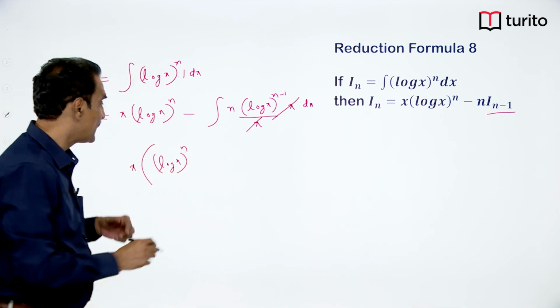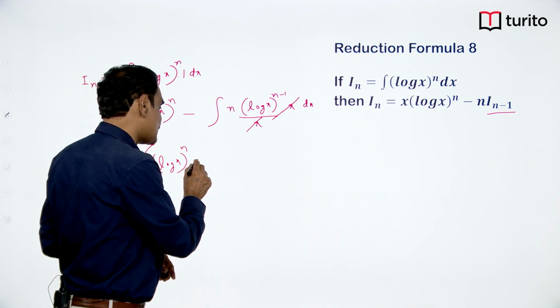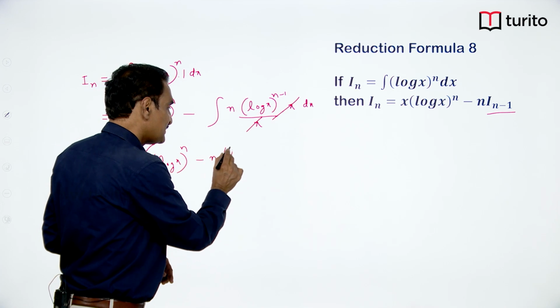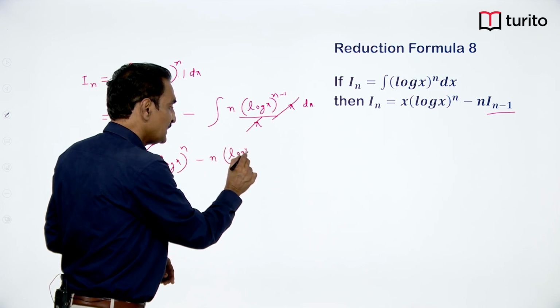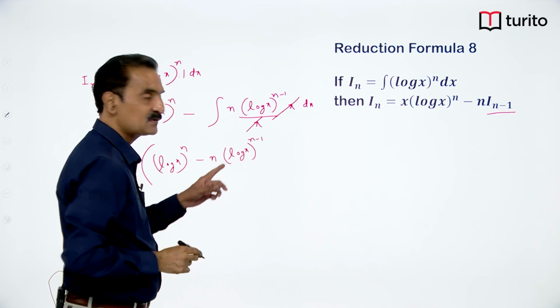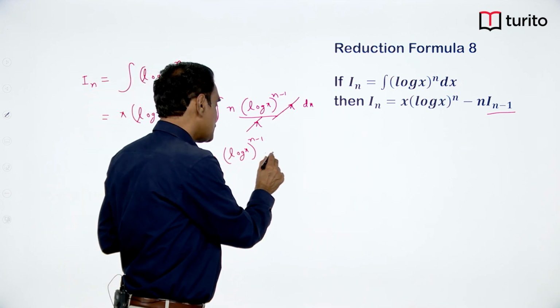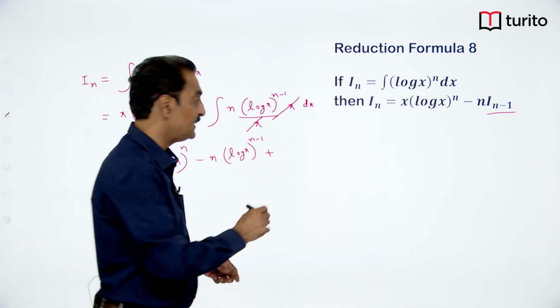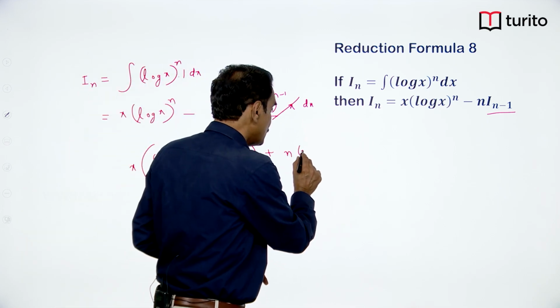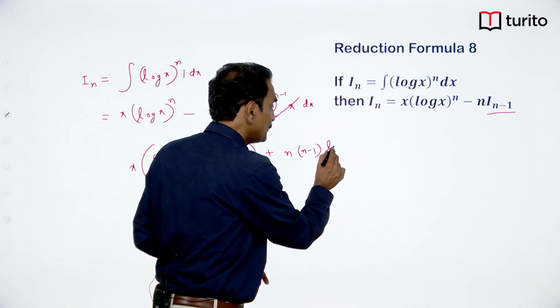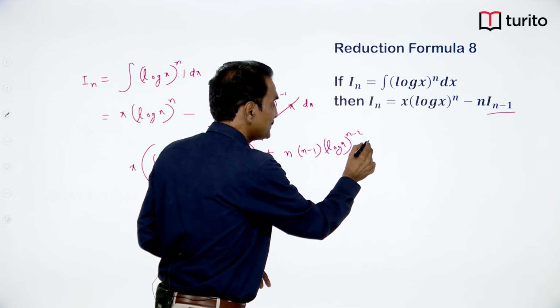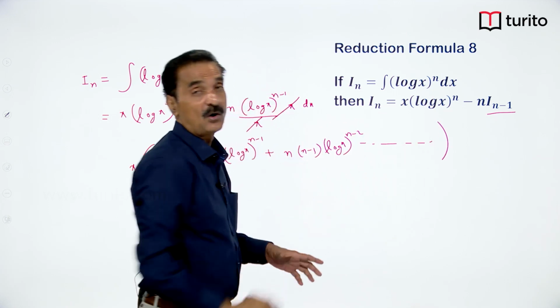What is the derivative of log x whole power n with respect to log x? Here plus, next minus sign. Its derivative with respect to log x is n into log x whole power n minus 1. Next, after minus plus, derivative of this with respect to log x will be n into n minus 1 into log x whole power n minus 2, and so on till you get a constant.